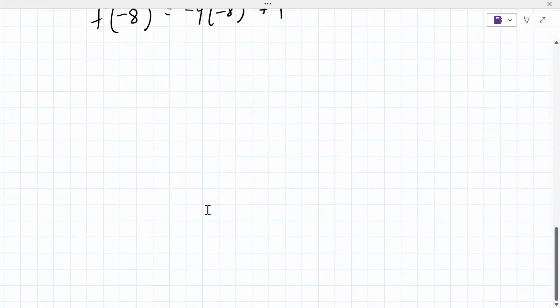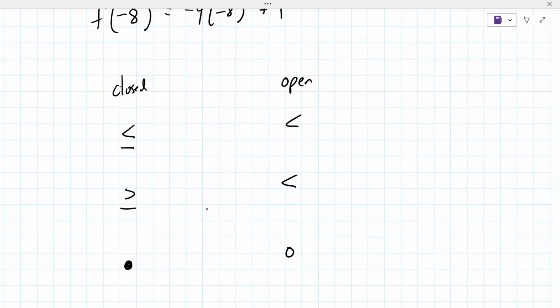So let's talk about that. Use a closed circle when you have this symbol, you get a closed dot. Open is when you have this symbol or this symbol.